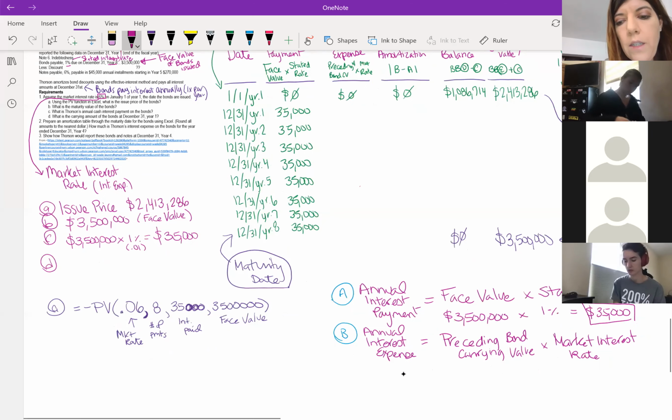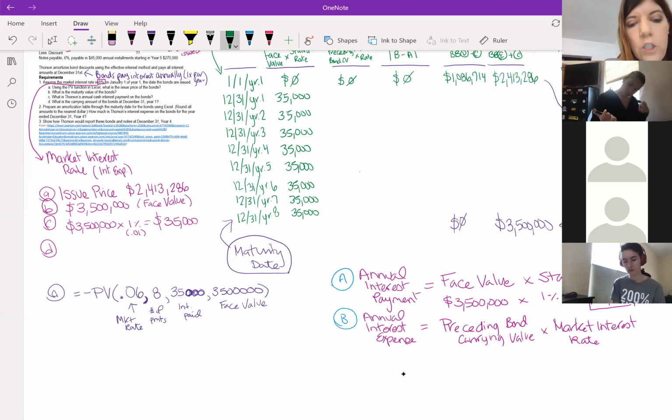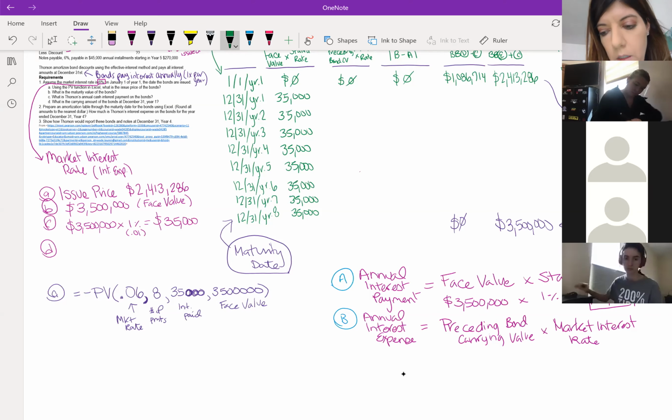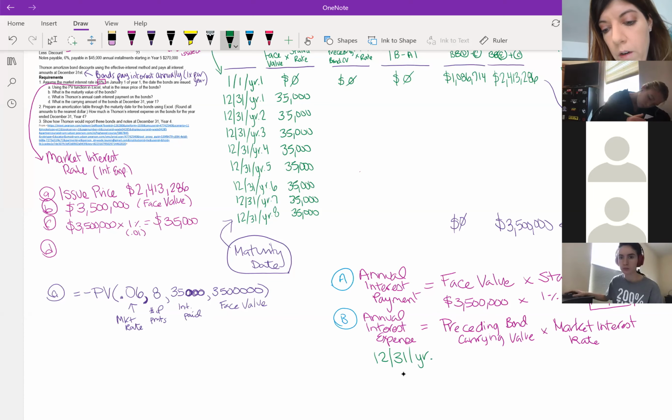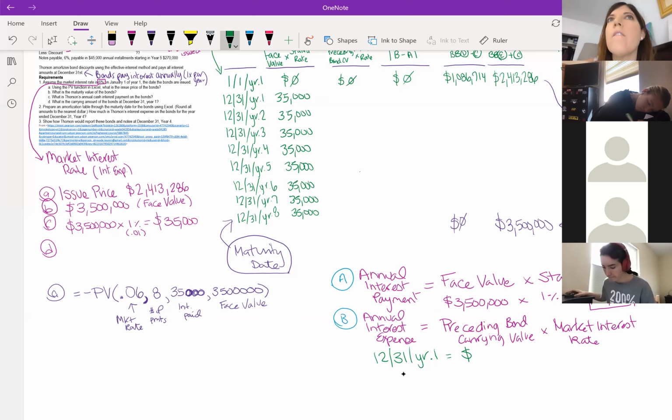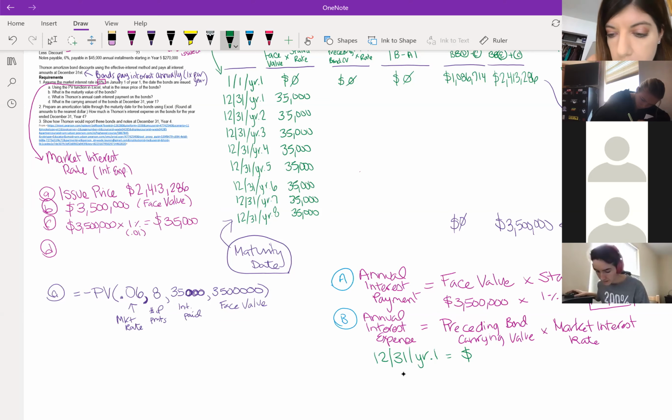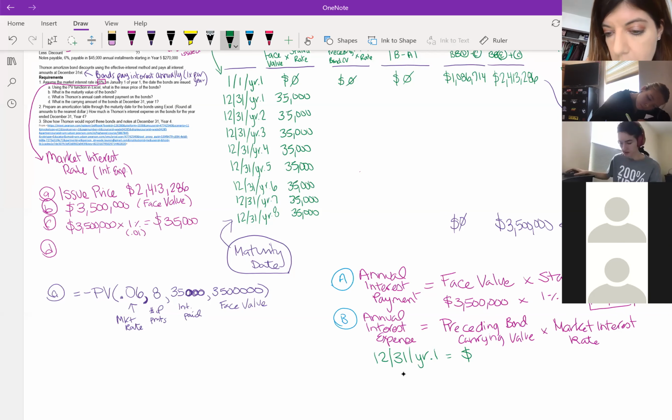So this number is going to be a different calculation each date, correct? Yep. So at December 31st, year one, your interest expense is going to be based on what preceding bond carrying value? What's the beginning bond carrying value for year one? Issue price. The issue price, correct.